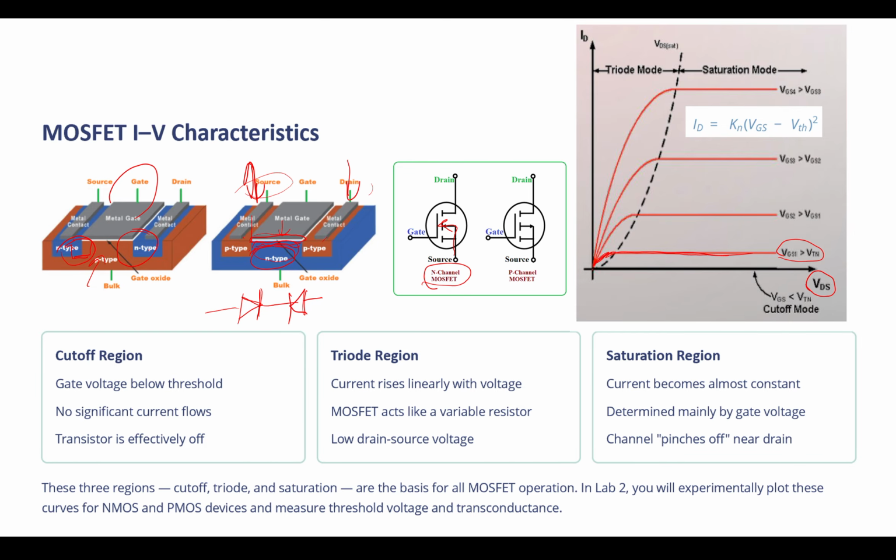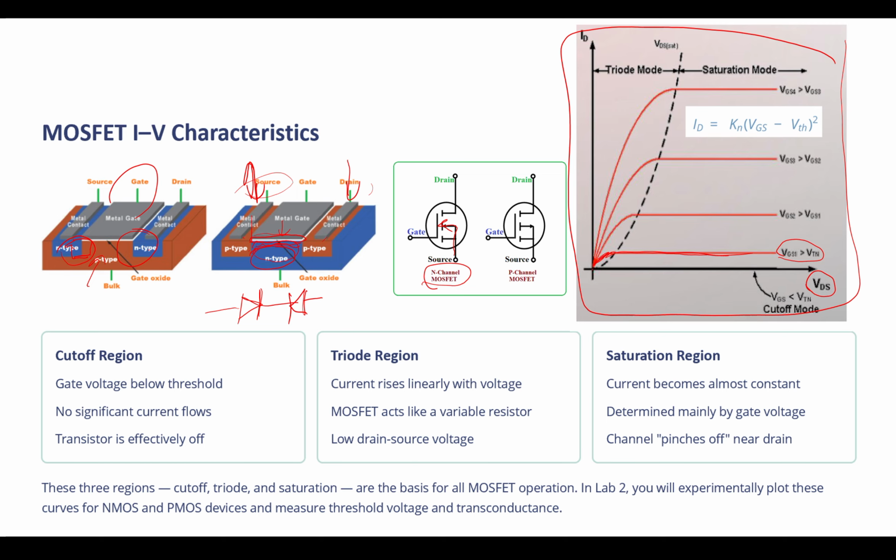Any questions so far about the definition and the concept that we talked about? No? Okay. Now, all that said, we can define and see the IV characteristics of a MOSFET based on the curves between the drain current and the voltage between drain and source, for a specific amount of voltage between gate and source.